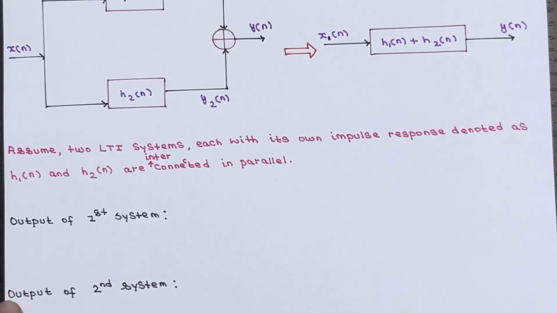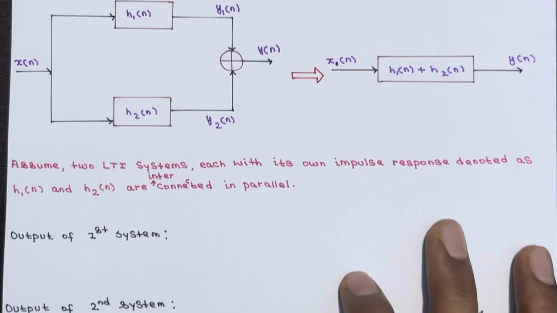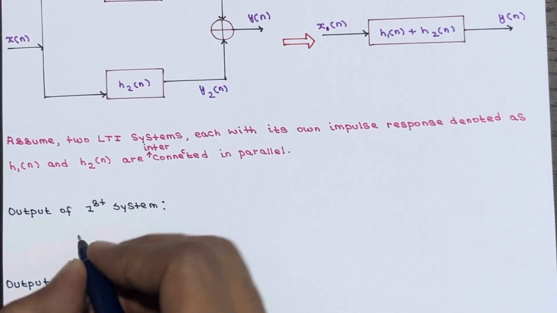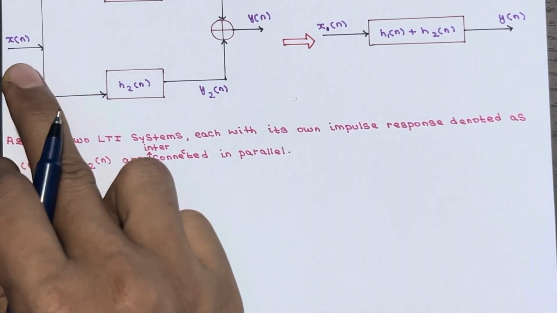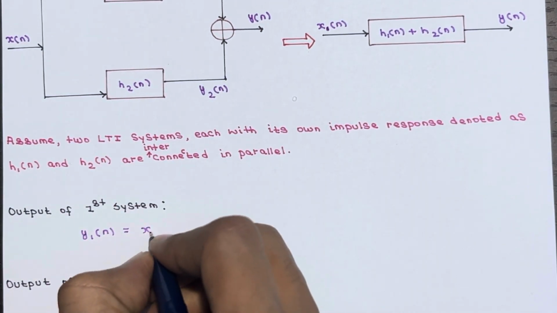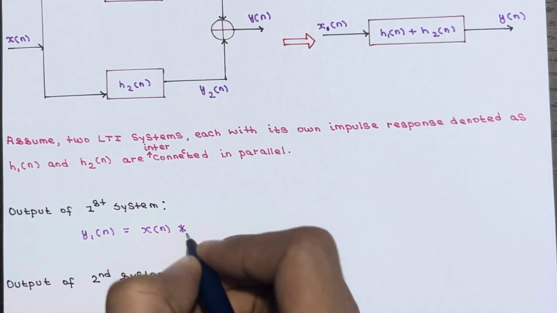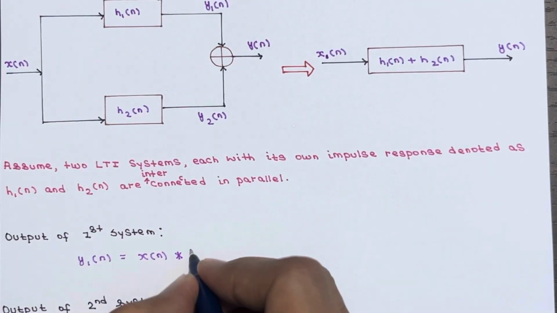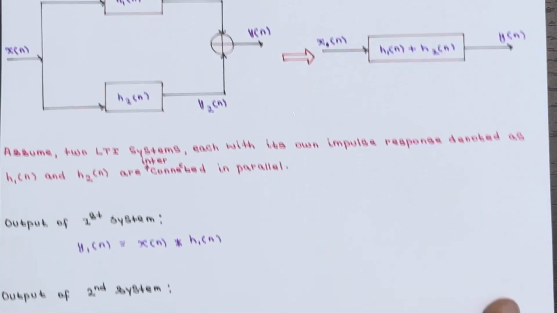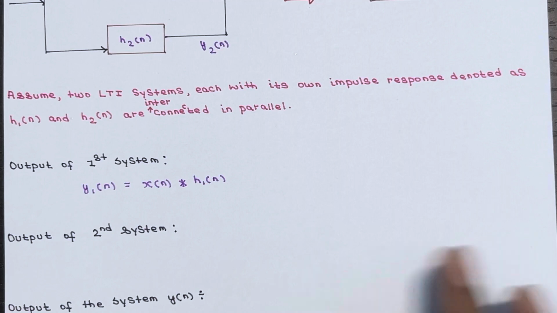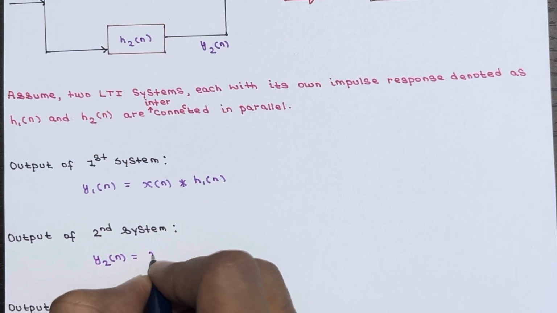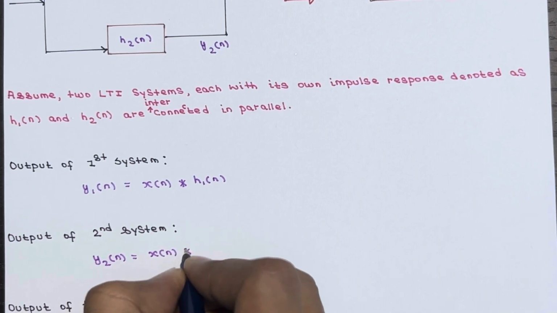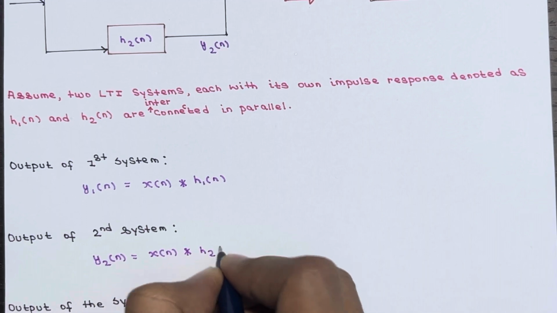We have already seen the output of the first system. It is y1 of n, which is equal to the convolution of x of n and h1 of n. The output of the second system is y2 of n, which is the convolution of x of n and h2 of n.